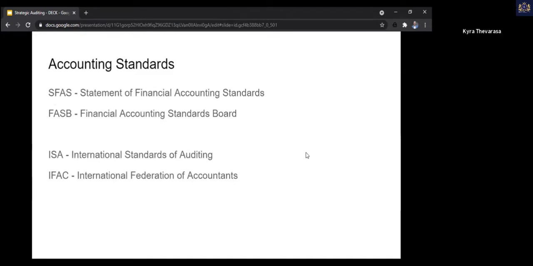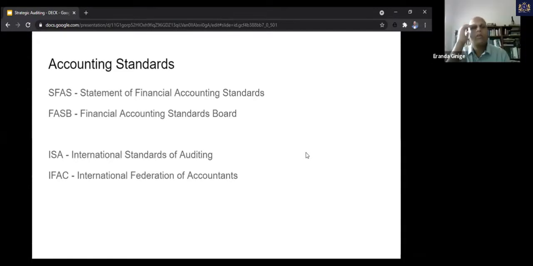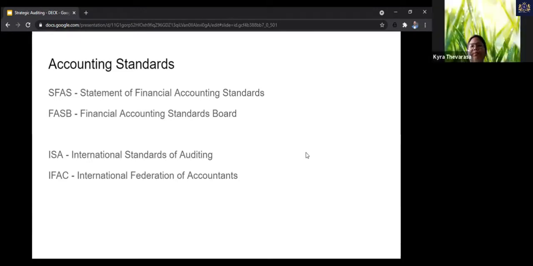along with this, we have these accounting standards. A common phrase is statement of accounting standards, SAS. But I think the latest version is called statement of financial accounting standards, which is prepared by the Financial Accounting Standards Board, an international organization.